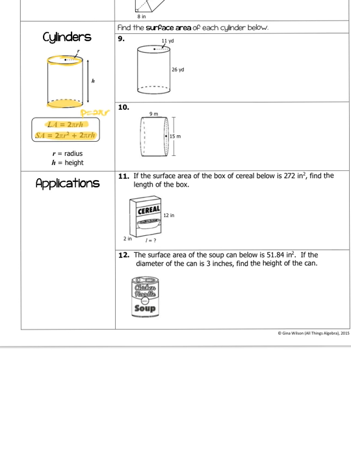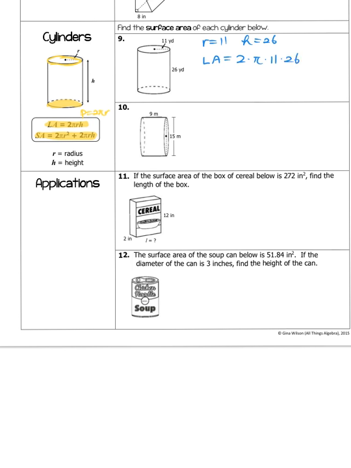Okay, so let's look at number 9. It's fairly straightforward. I've got my r as 11 yards, and I've got my height at 26. So I need to find the lateral area first, which is 2 pi r times h, 2 times 11 times 26.